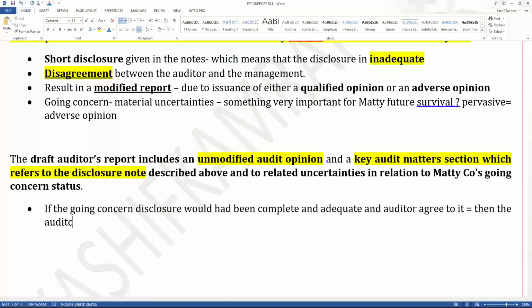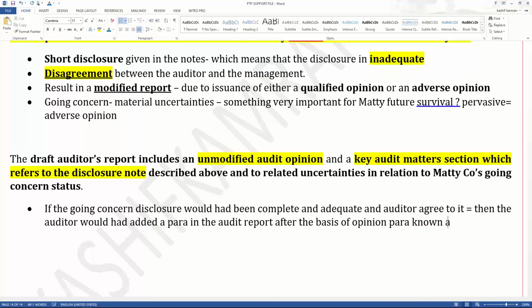Then the auditor would have added a para in the audit report after the basis of opinion para, known as MURGC. You add an MURGC paragraph when the going concern disclosure is complete and adequate and the auditor agreed to it.